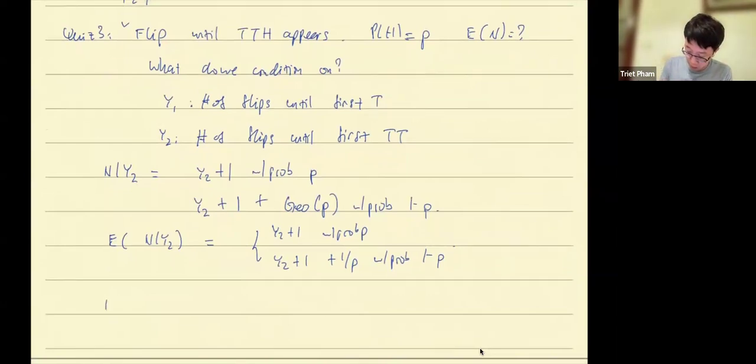And so expectation of n will be, what's the expectation of Y2? Expectation of Y2 is 1 over p plus 1 over p squared.